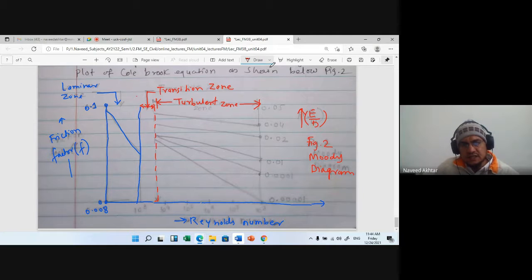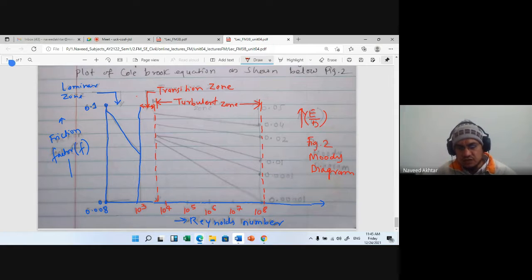And these are the lines. Turbulent flow goes up to 10 raised to power 8, 10 raised to power 7, 10 raised to power 6, 10 raised to power 5, 10 raised to power 4, and 10 raised to power 3.